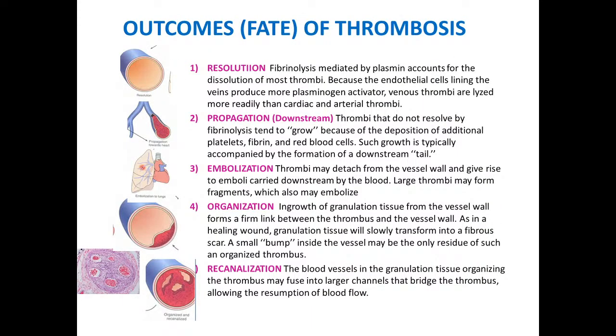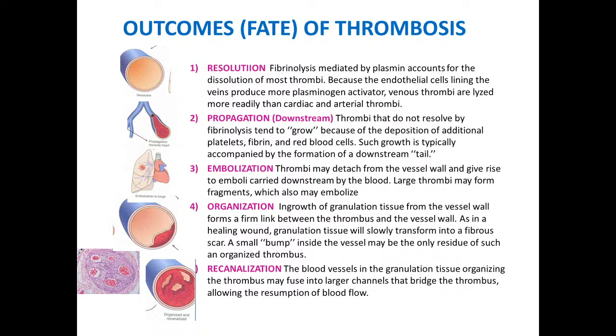Outcome of thrombosis. Resolution: fibrinolysis mediated by plasmin accounts for the dissolution of most thrombi. Because the endothelial cells lining the veins produce more plasminogen activator, venous thrombi are lysed more readily than cardiac and arterial thrombi.